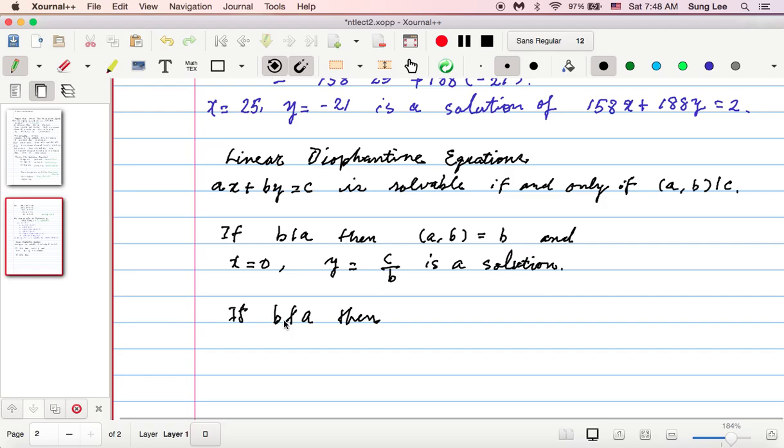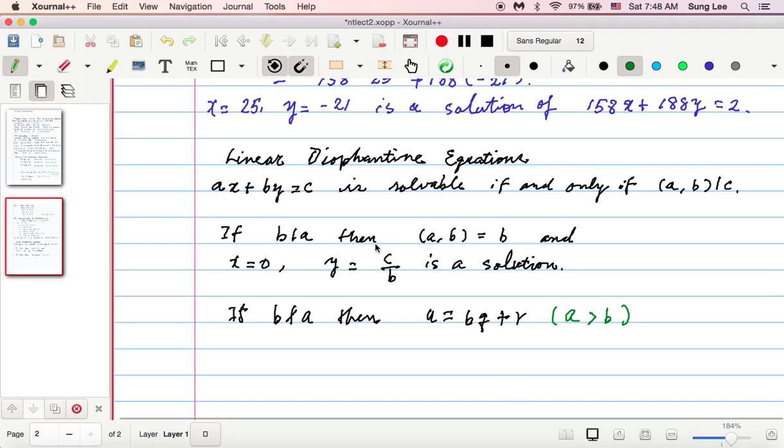So anyway, I'm sorry, here A is greater than B. By assuming that A is greater than B, you can divide A by B. So A equals BQ plus R. The assumption here is that A is greater than B. What if it's the other way around, B is greater than A? No big deal, then just change A and B, and the rest of the argument is the same. Not a problem, right?